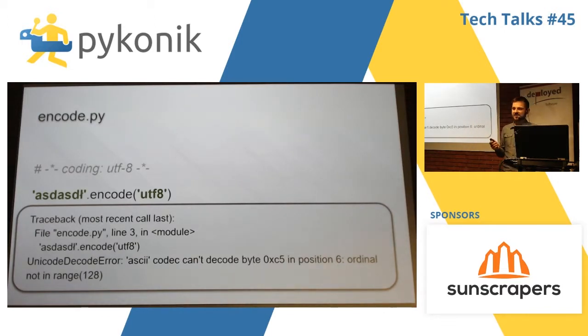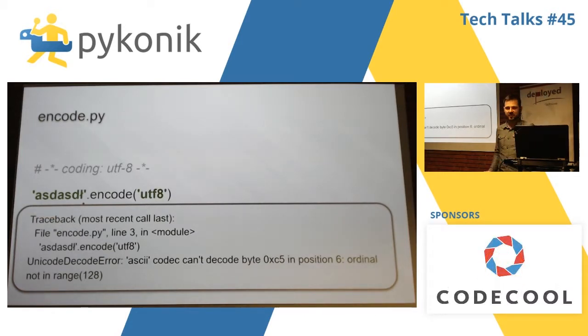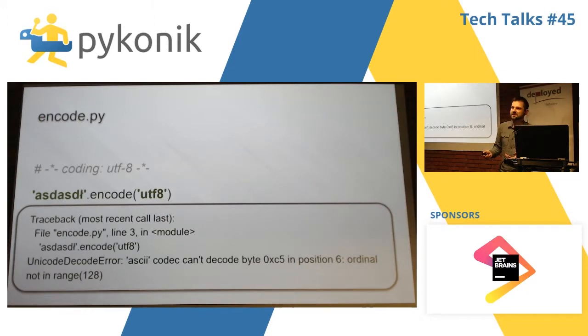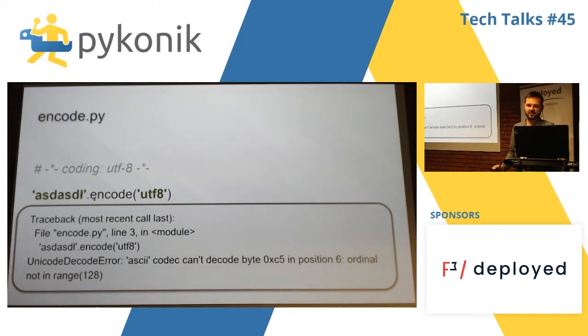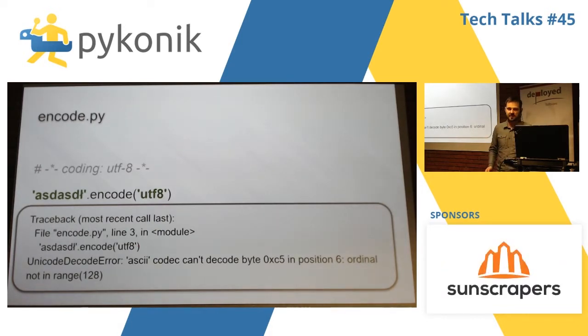You're trying to encode a byte string. So what happens if you encode a byte string? The encode method requires you to provide it a Unicode object. So it will do anything it can to get a Unicode object. So to get the Unicode object, it will just decode this byte string. And it cannot do that because it's still using the default encoding. So this is again the cause of getting a decode error when you're trying to encode something.